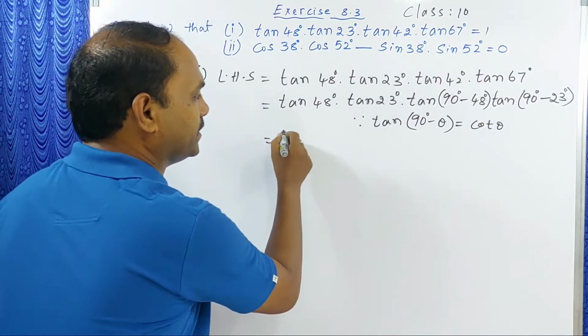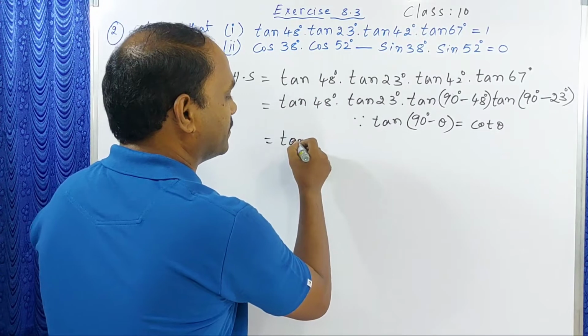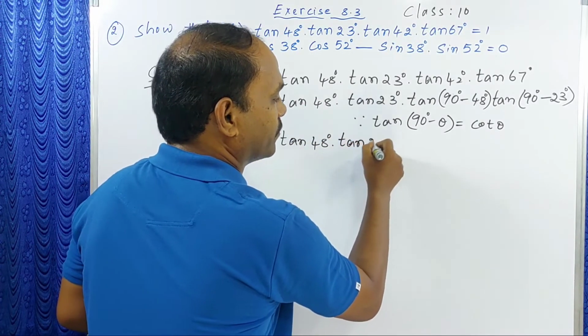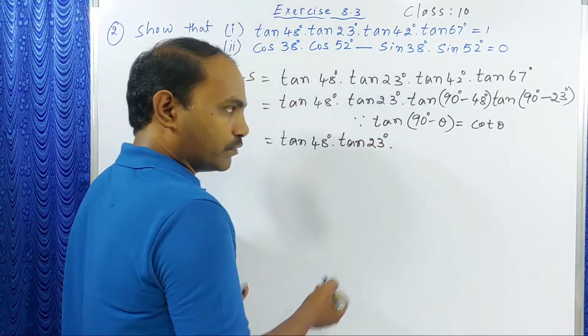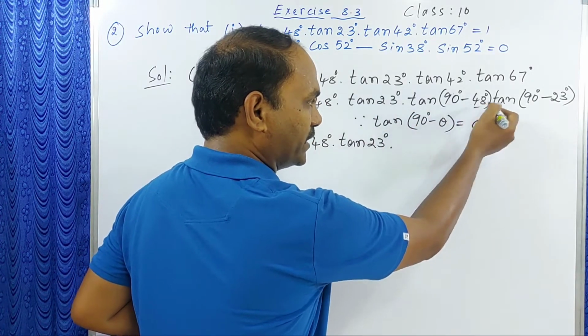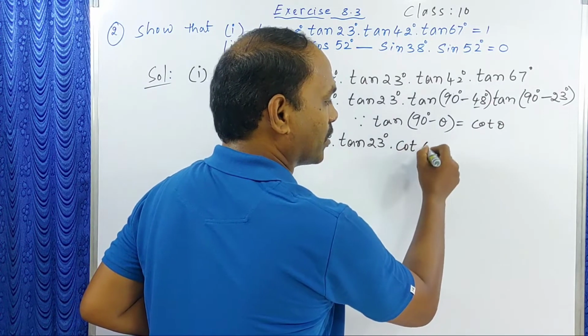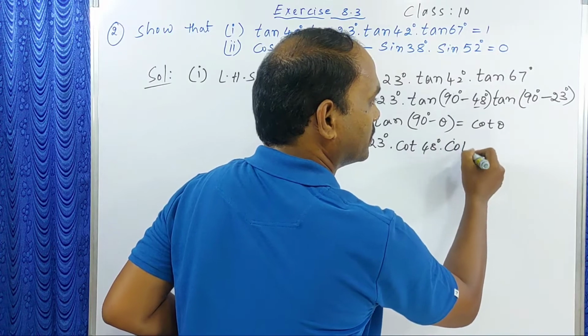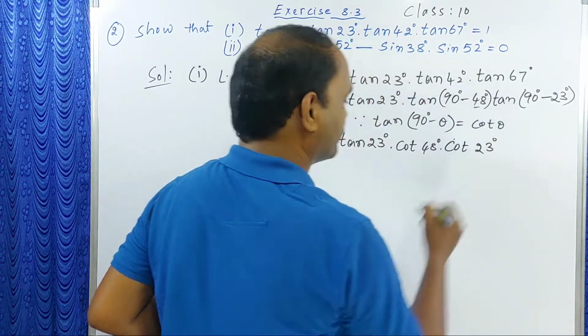Let us check here. Tan 48 degrees into tan 23 degrees into tan 90 minus theta, cot theta. So cot 48 degrees, and this one cot 23 degrees.